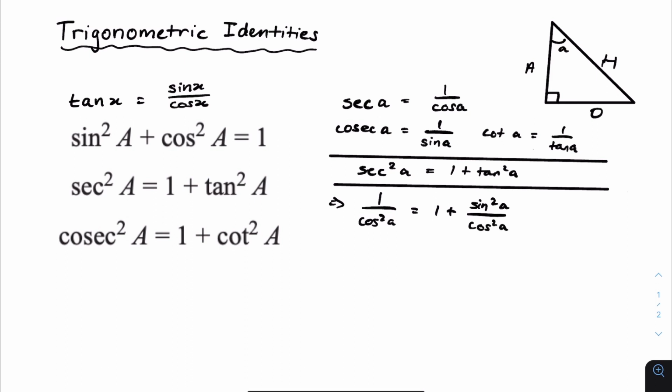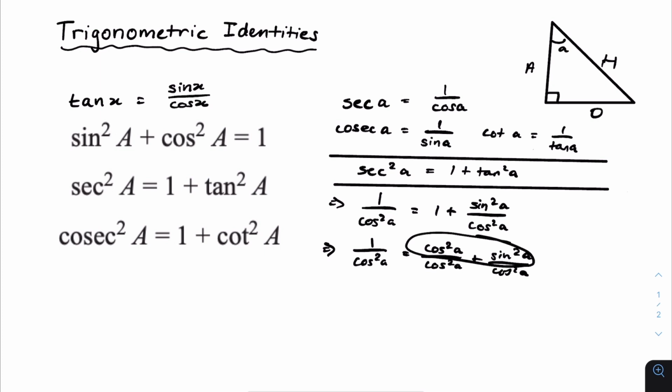All right, now what we want to do is write this right-hand side in one fraction. So we need to get the 1 out by multiplying and dividing it by cos squared A. So 1 times cos squared A is cos squared A, and since we're multiplying it by cos squared A, we have to divide it by cos squared A, plus sine squared A over cos squared A. But we know, since cos and sine have the same denominator over here, and because sine squared A plus cos squared A equals 1, so we're pulling from different identities, we know that that must be 1.